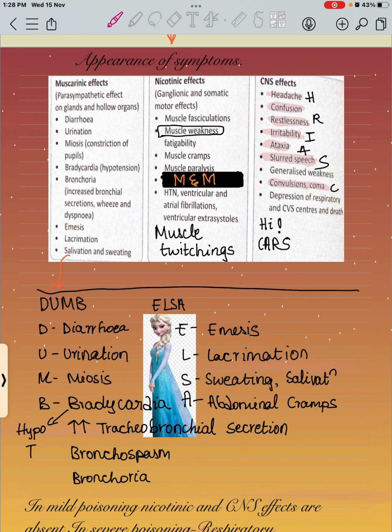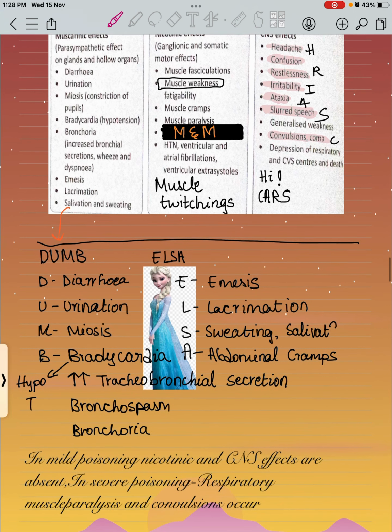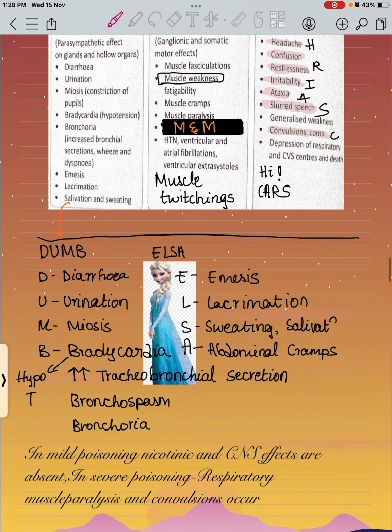And the mnemonic for remembering muscarinic effects is DUMBELS. Elsa is a Disney princess. Dumb.